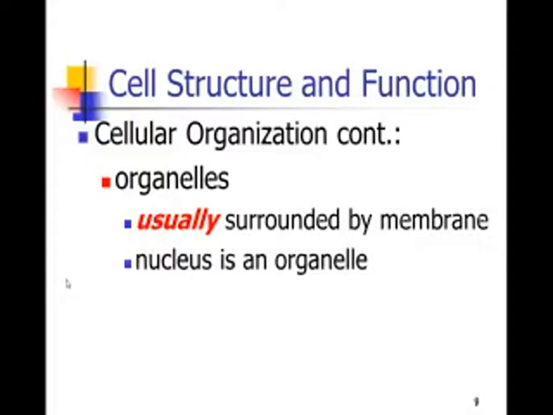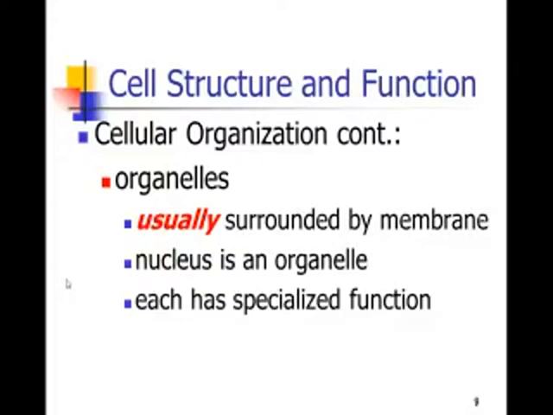The nucleus is an organelle. It has a membrane. The nucleolus is an organelle. It does not have a membrane. And each of these organelles has a specialized function. By the way, if we use our zoological roots and look at organelle, ELLE means small.